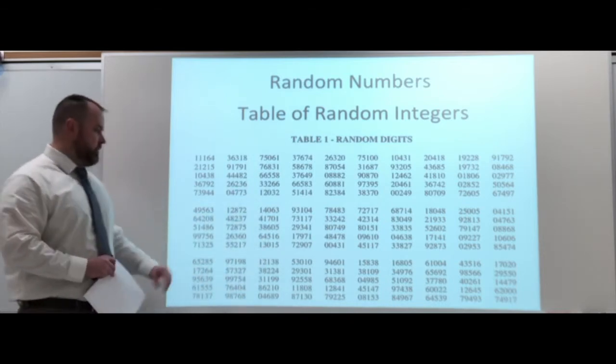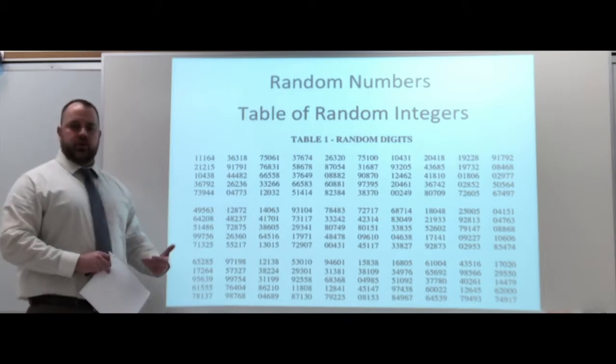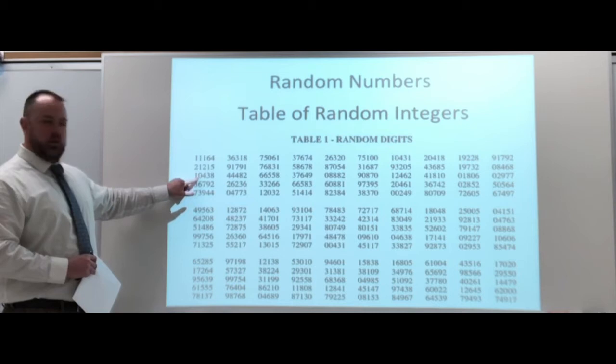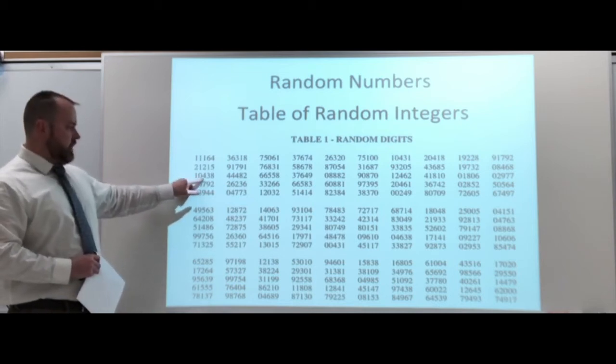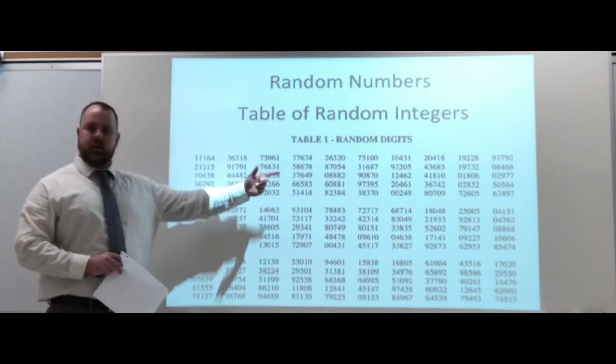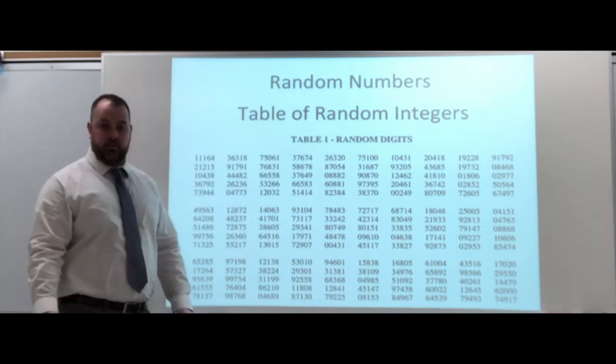If you were looking at 3-digit numbers, let's say your instructor might say, okay, you start on row 3. And if you start looking at the 3-digit numbers, you're looking at 104, 384, 448, and just keep going until you get the numbers that you're looking for.